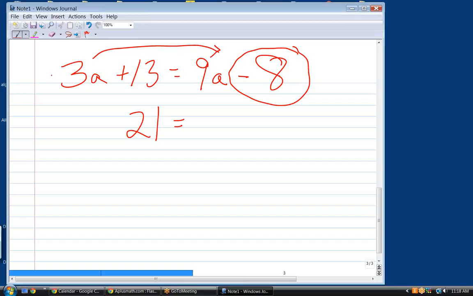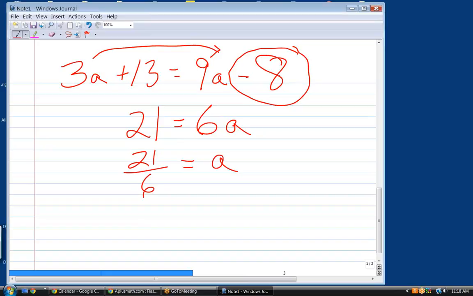Since the 3a is being added to the left side of the equation, you don't see the addition sign, but it's implied right there. In order for me to move that 3a to the other side of the equation, I got to subtract 3a. Well, now we have 9a minus 3a, which is easier, 6a. Notice no negative signs. Nothing but positive signs.